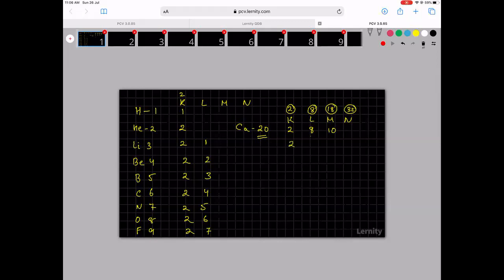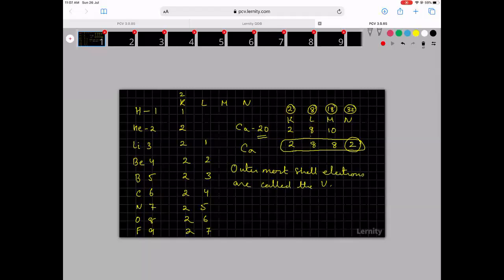Now these outermost shell electrons are called the valency electrons. The outermost shell electrons are called the valency electrons.